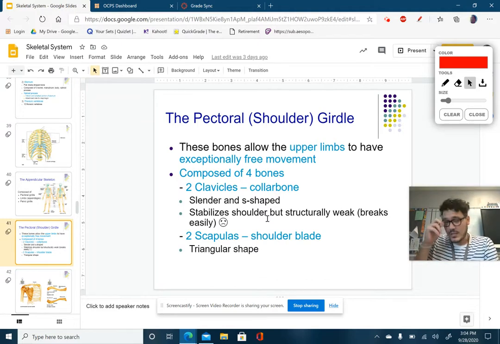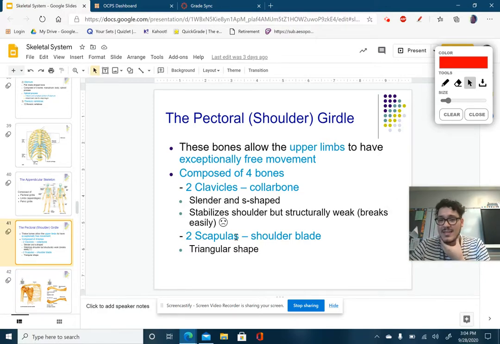But the problem with the clavicle is that it's a very weak bone. It's very structurally weak. So it's very easy to fracture that bone, especially if you are playing a contact sport. If you lower your shoulder into a tackle, or even if you catch a ball and hit the ground hard, that can cause a fracture of that area.